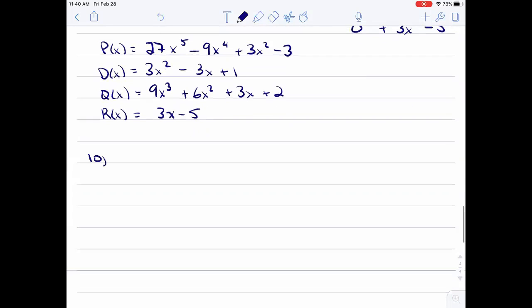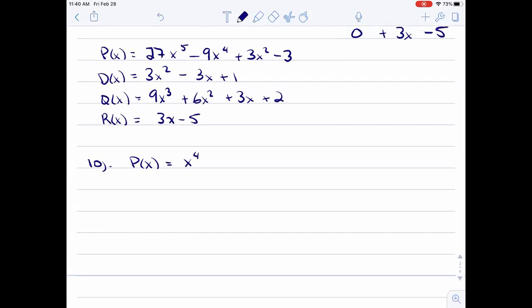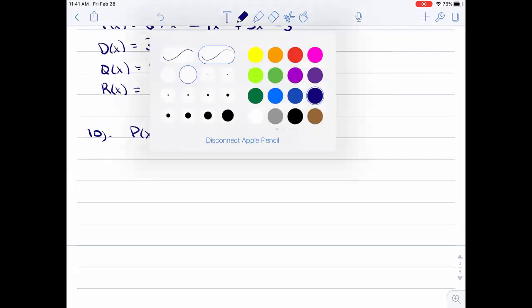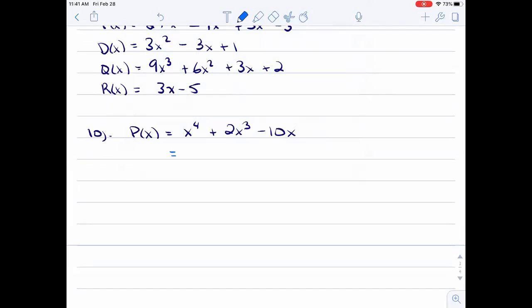Okay. So 10 tells us that P of x is x to the 4th plus 2x to the 3 minus 10x. Actually, I kind of like spreading it out first. It's a good way to remember it because I forgot to do it in the very first one.